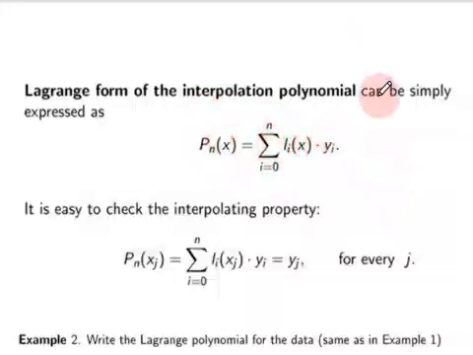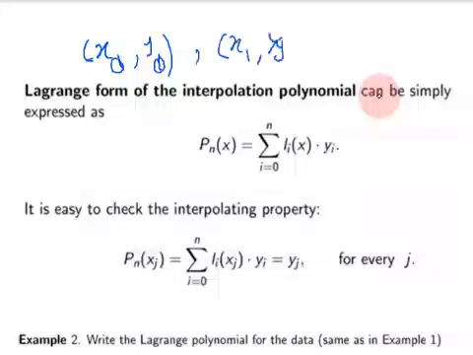What is our data set? Data x sub 0, y sub 0 is the first, starting from 0. This is the first data point, this is the second data point, and this goes up to the nth data point. So we have n plus 1 data points.